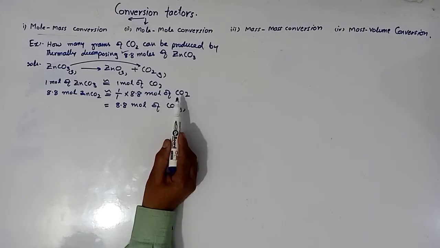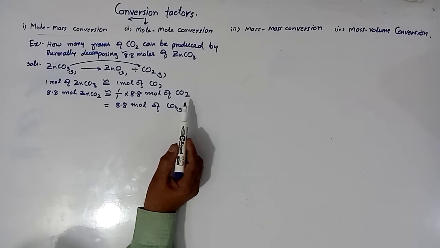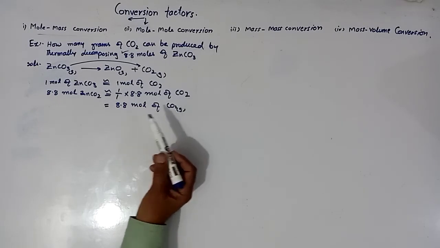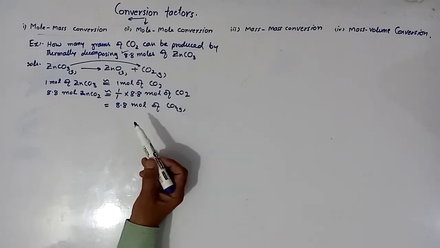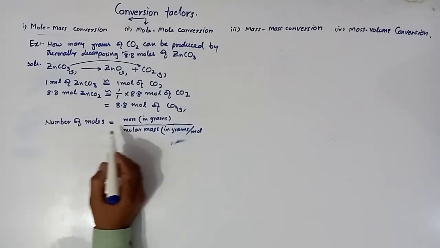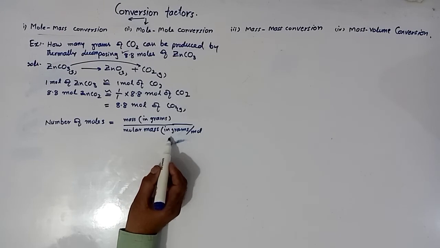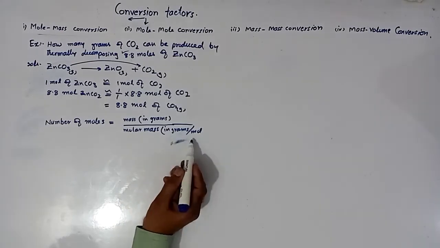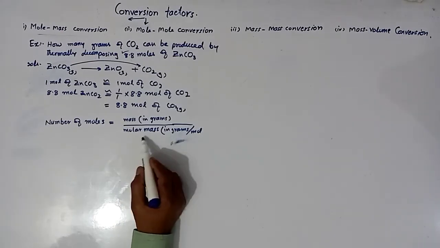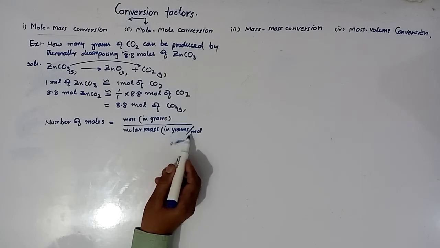Now convert the number of moles of carbon dioxide gas into grams using the formula. The formula is number of moles is equal to mass in grams over molar mass in grams per mole.